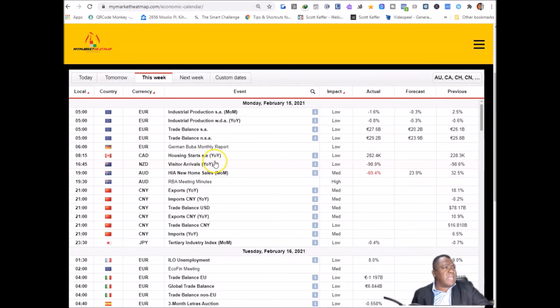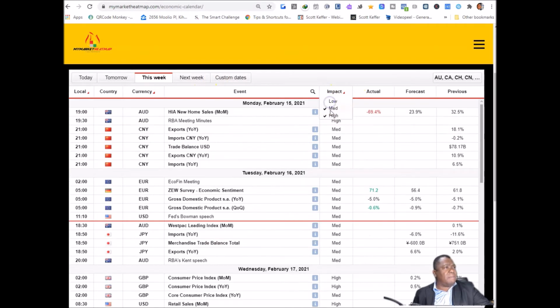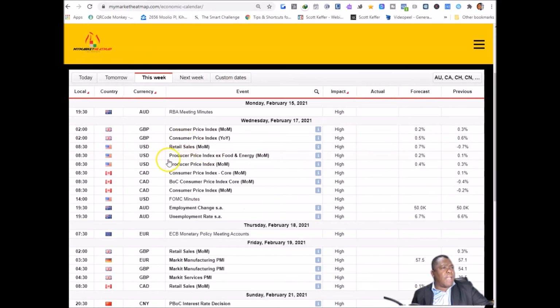We can scroll it down, and we can see what's going to happen for that Tuesday. I usually like having only the high impact numbers show up. And we can see that we have retail sales coming out at 8:30, and we see that the previous number was negative 0.7%. We look for an increase to 0.7 as the forecast, okay?